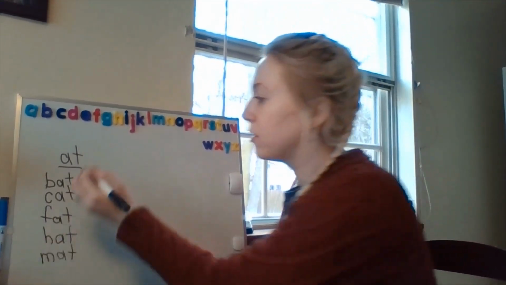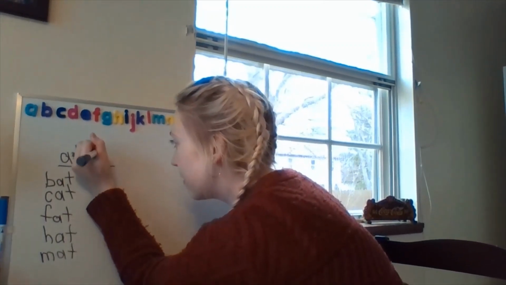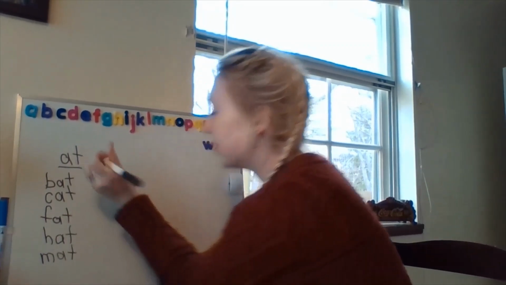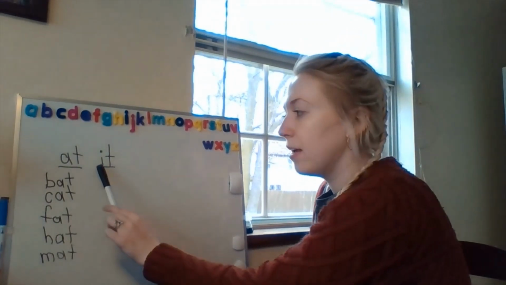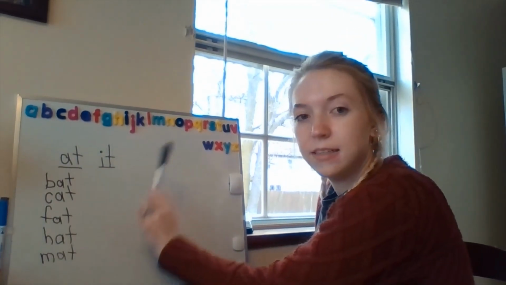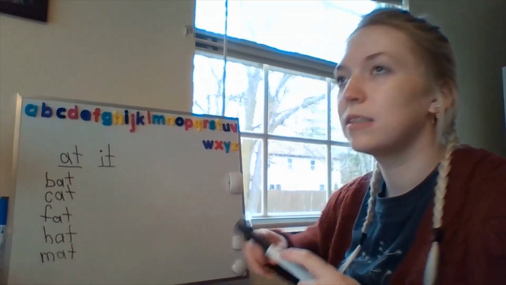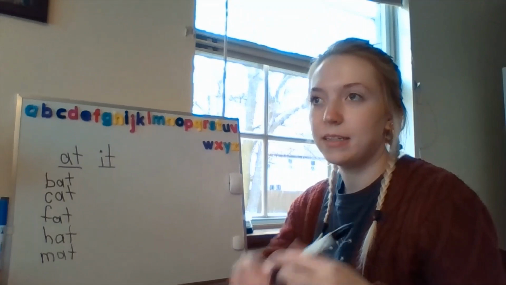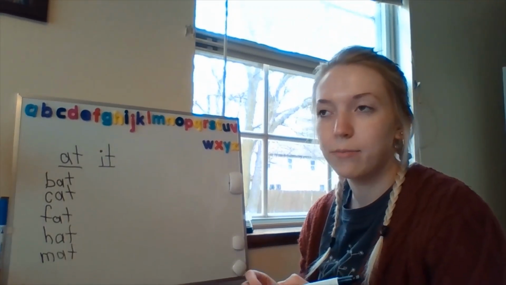We are going to look at words in this word family. So let's look at these letters and think about the sounds that they make. It. This is the it word family. So now I want to think of some other words in the it family. So words that have the it sound at the end of them. Words that rhyme with it.